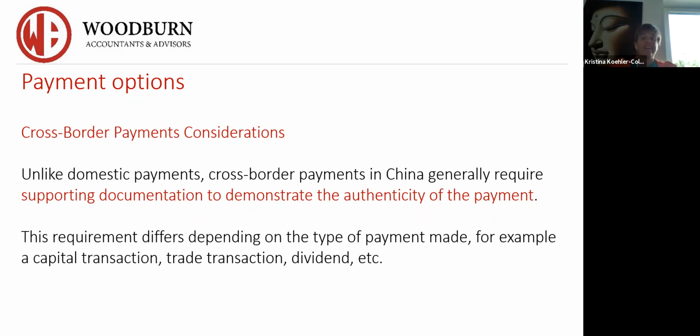In order to do that outbound payment, you need to provide a whole series of documentation with the company CHOP stamped on each page, plus the invoice, so contract, invoice, potentially even shipping documentation, to the bank in order for the bank to release the funds to the UK. That whole bureaucratic procedure is not just a matter of the bank receiving the agreements and saying, okay, check, we'll release the funds.